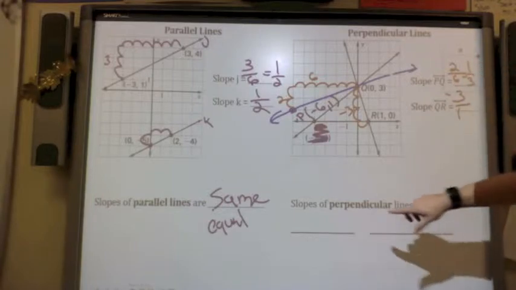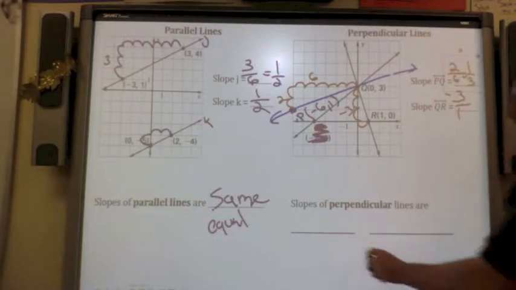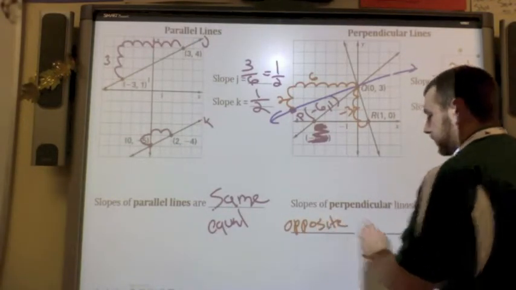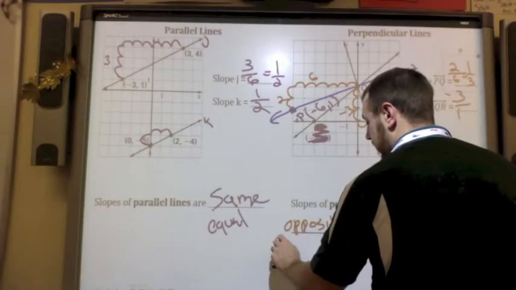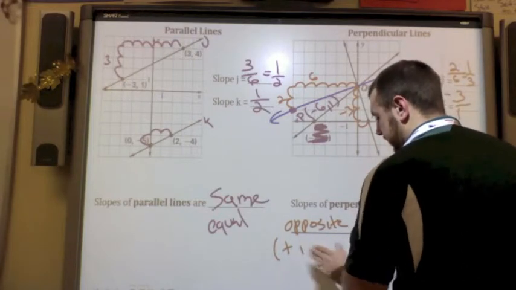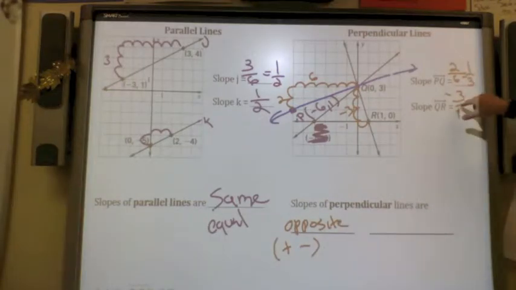What happens is the slopes of perpendicular lines are opposites. Okay, means one's positive and one is negative. This one's positive, this one's negative. And they're reciprocals.